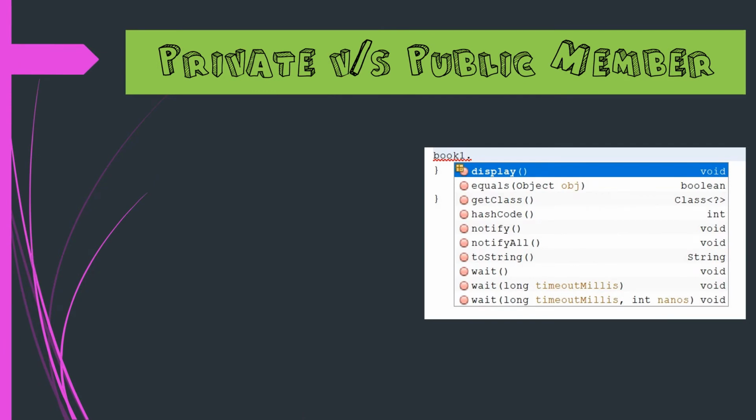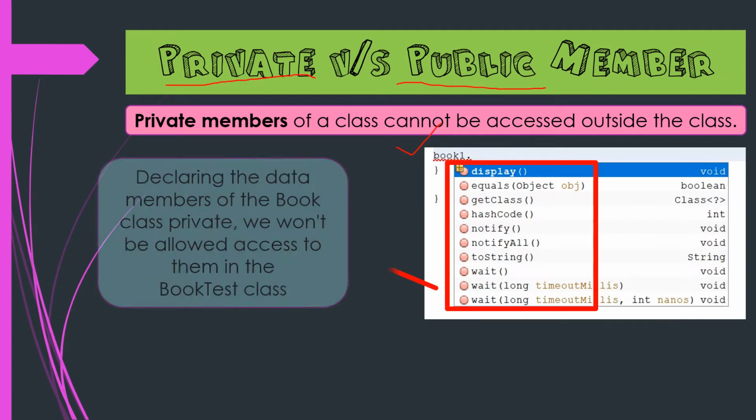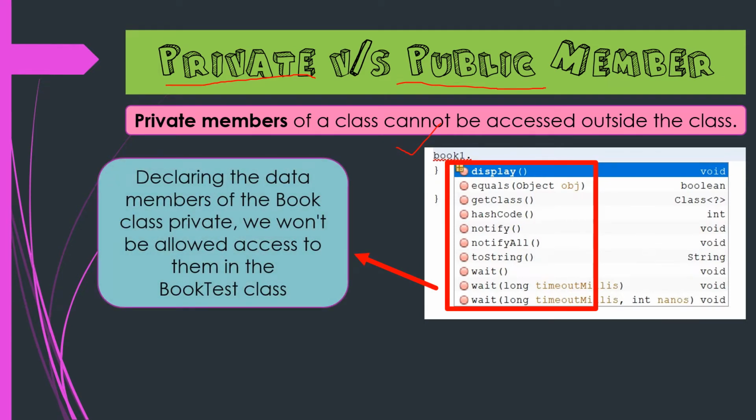Let us learn the difference between private and public members through an example. In our previous slide, we set the data members as private by adding the keyword private. Now in the BookTest class, which is another class, when we type book1 dot, meaning we want to access some data members and method members, you can clearly see that no data member of the Book class is displayed, because we added the keyword private before them.